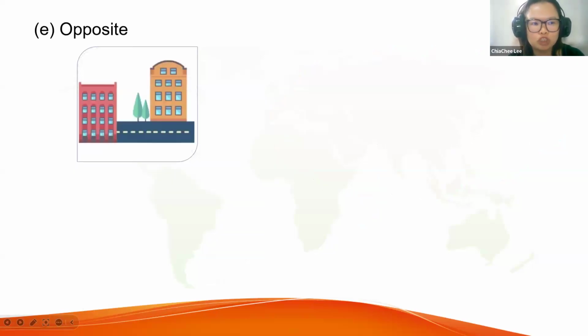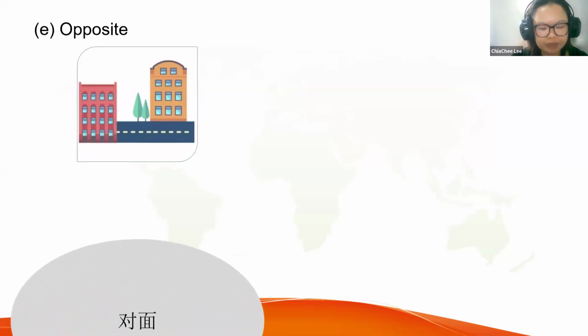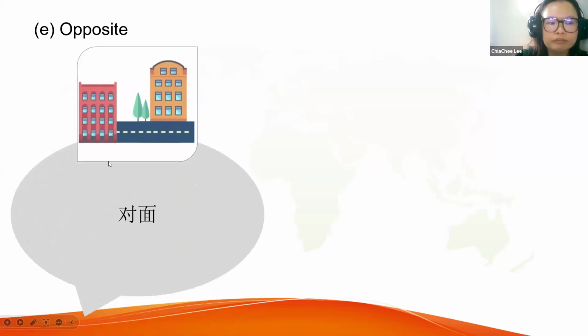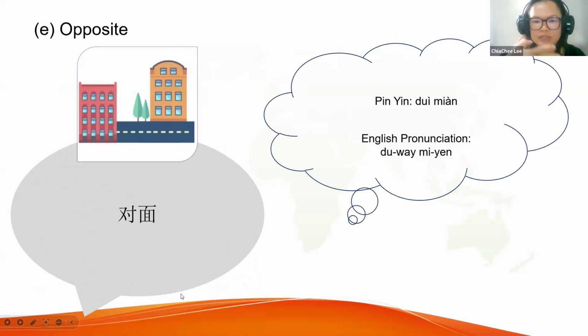We move on to the opposite, the third pair. Opposite is basically 对面. So in between building red and building orange, there's a gap, so we have to move a little bit forward. So 对面 is like 'dui' plus 'mian', fourth tone. 对 and 面, again fourth tone, means last.